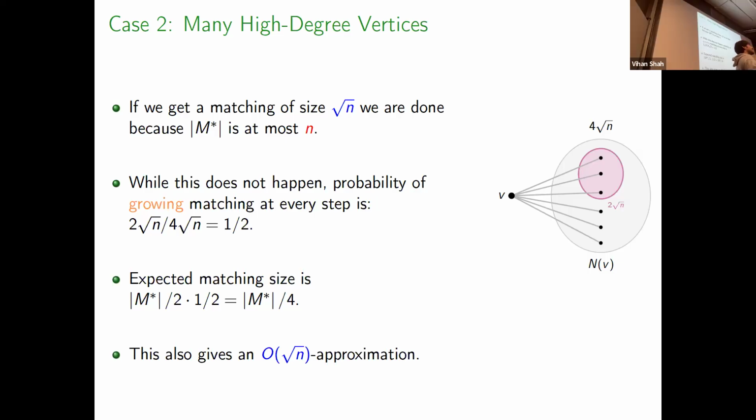If we have a lot of high degree vertices and we're very far away from square root n, then we've not reached square root n, and you can even get a constant approximation, which is definitely a square root n approximation. Okay, any questions here?